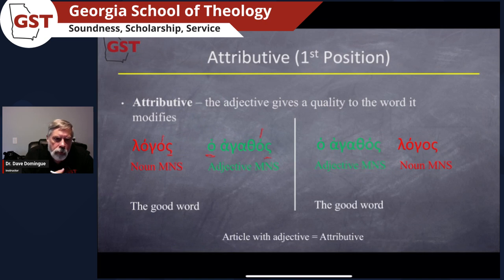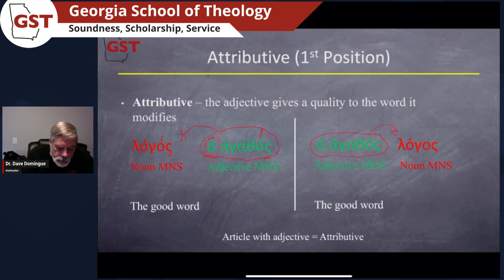So whether the phrase is written logos ho agathos or ho agathos logos, it makes no difference. It's going to be translated the same, the good word, because here the good is attributing information about logos, the word itself. The same here. Here we have the exact same thing. It's attributing information.